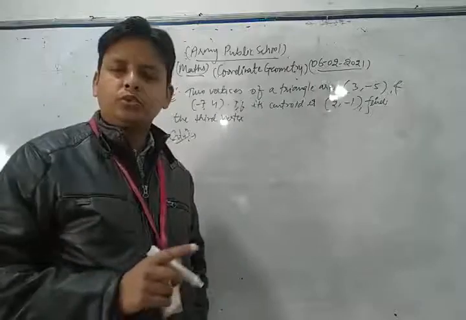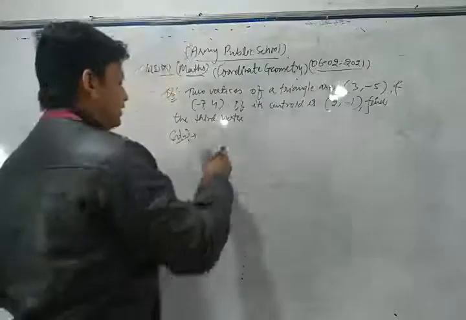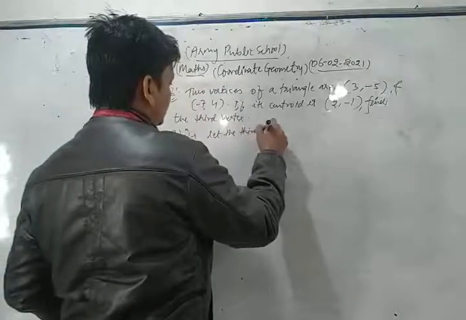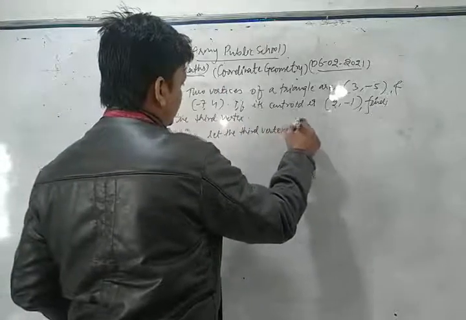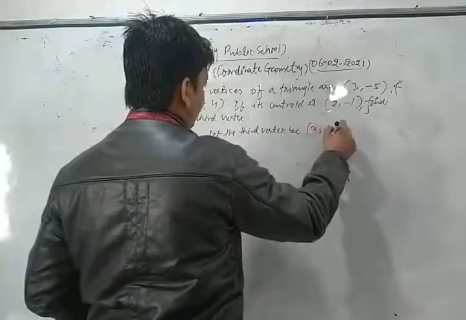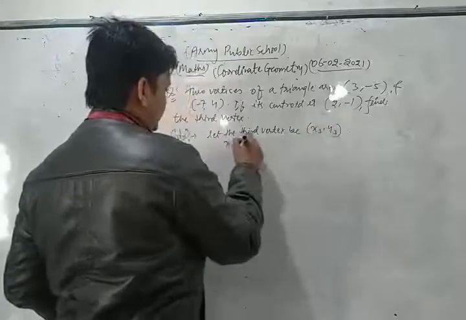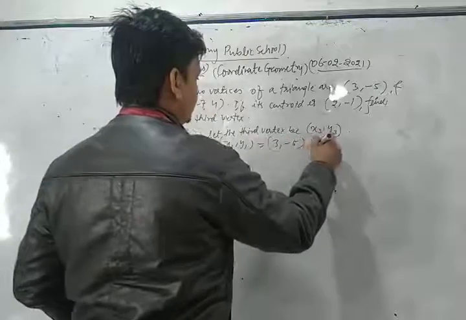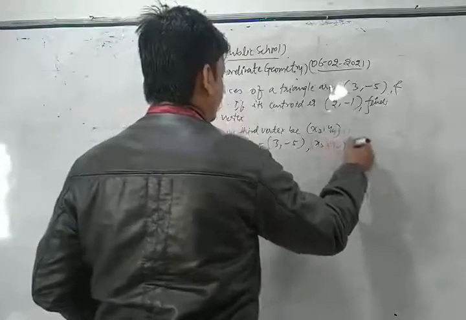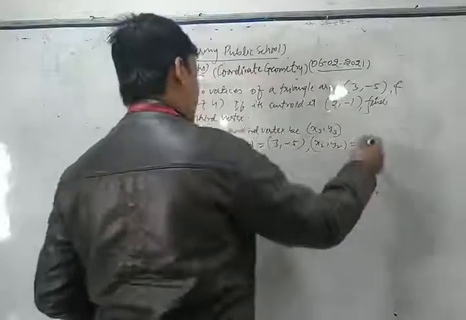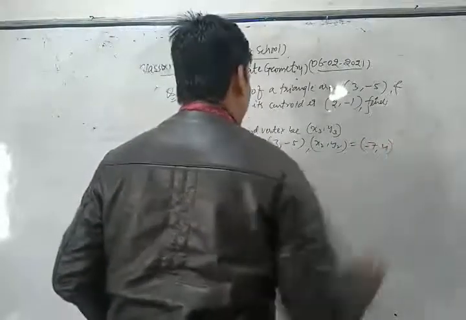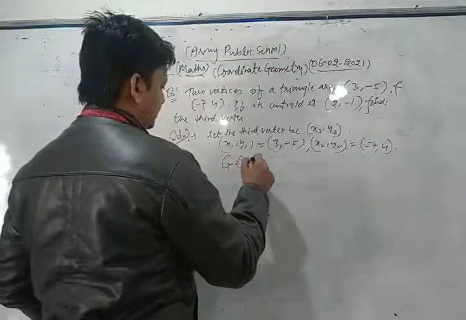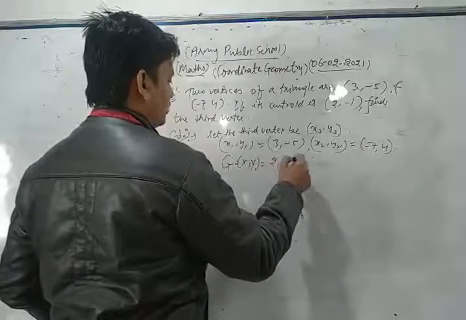In that question, two vertices are given. So here we can let the third vertex be (x3, y3), and the two vertices (x1, y1) is given as (3, minus 5), (x2, y2) is given as (minus 7, 4), and the coordinates of its centroid, that is capital X, capital Y, is given as (2, minus 1).